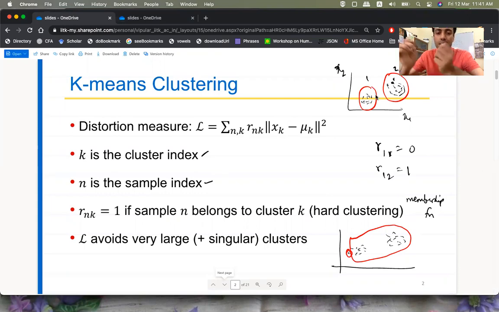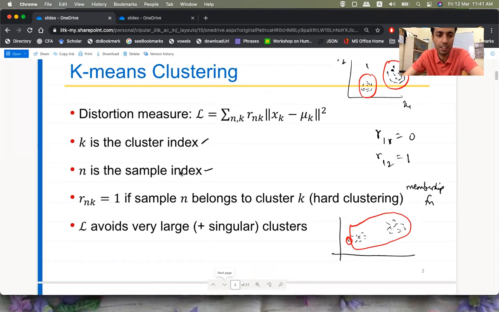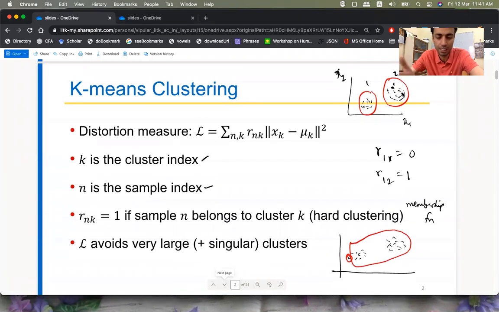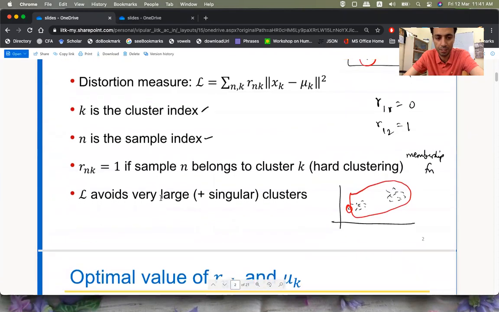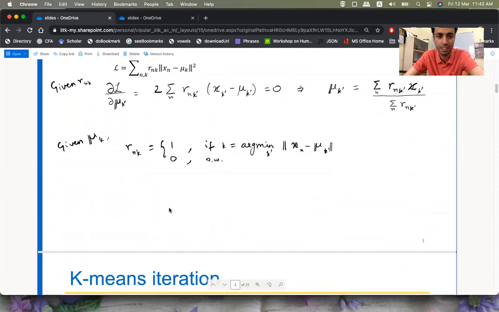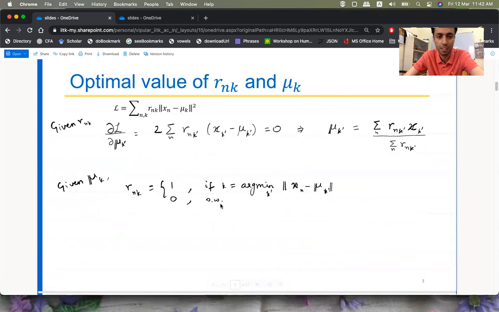So all that distance, if you sum them up and you want to minimize that, as Jayant told, I may minimize the maximum distance or I may minimize the overall distance. So this is the distortion measure we define, and then K is the cluster index. We had C, this is K. We used I, here it is used N. So just notation is different, everything else is same. And then there is some optimization formula. We just derived these, we just intuitively try to understand the meaning of these equations.